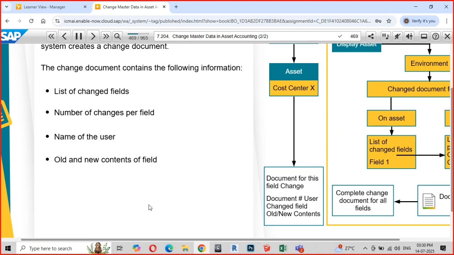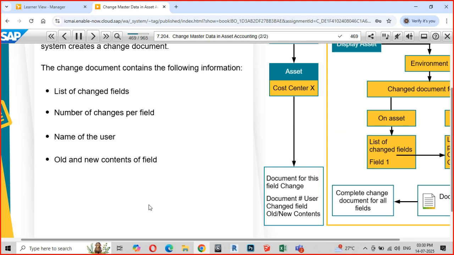Clear? Even to your closest of your closest friend in your project, this should not be shared. Because SAP records each and every smallest and to the biggest information.